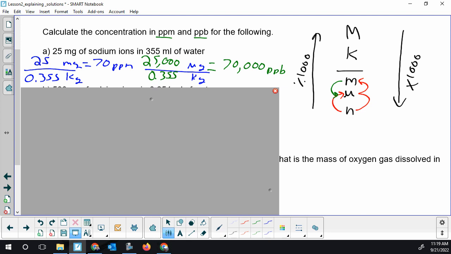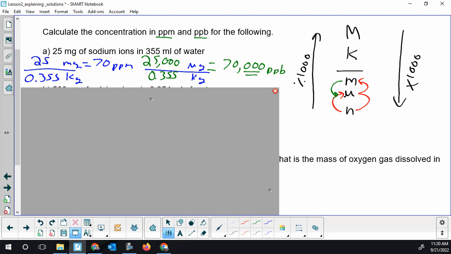Once you realize the difference between million and billion, you don't even have to bother doing the math. Parts per billion is always 1,000 times bigger. So you can get through Chem 20 by just learning parts per million and multiply by 1,000. We had 70 when we expressed it in a million parts. We had 70,000 when we expressed it in another 1,000 parts smaller. And this is always true.